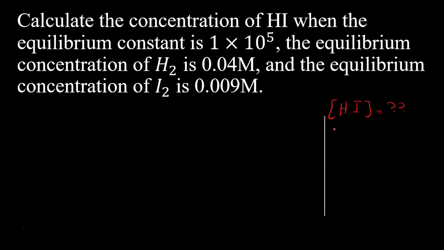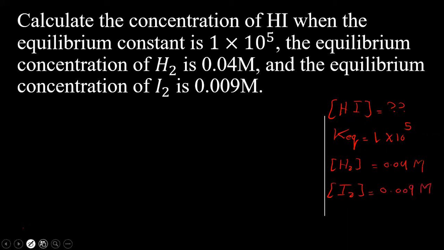And here the K equilibrium equals 1 multiplied by 10 raised to the power 5. The equilibrium concentration of hydrogen equals 0.04 molar, and the iodine concentration equals 0.009 molar.